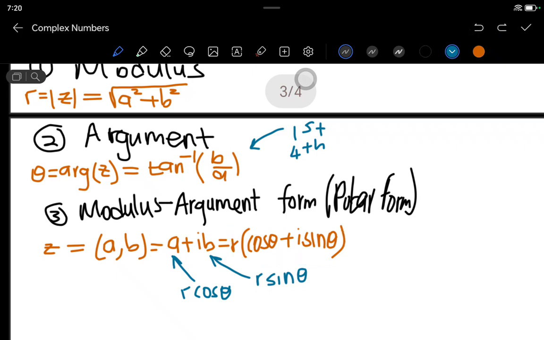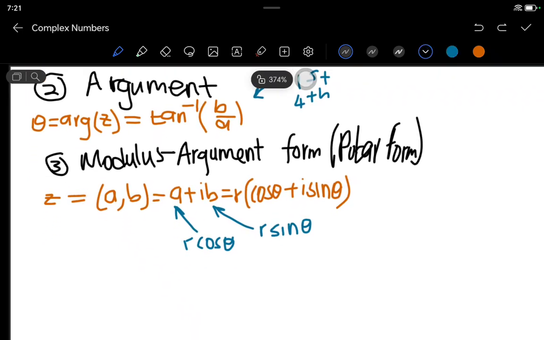So now we say this, that since we now know the modulus argument form and we know the modulus, we know the argument. Now let's say we are told to find the angle, right? You need to always know the region which your angle is bounded by, right?